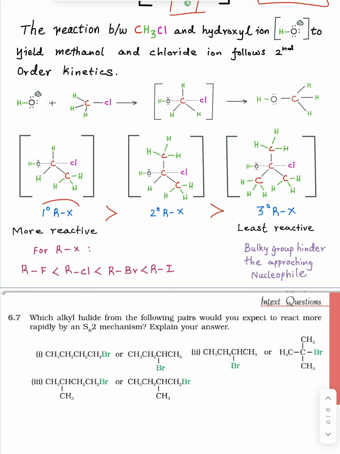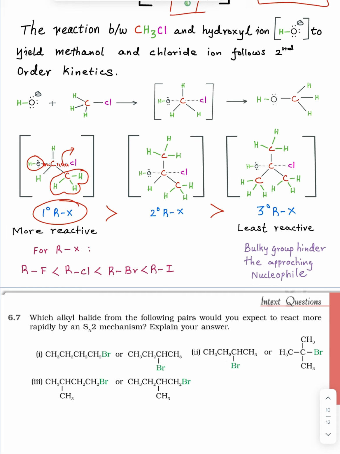In the first case of the alkyl halide, I have one bulkier group, the methyl group. So for the approaching nucleophile there is no disturbance. It freely attacks the central carbon, and at the same time the halide, the leaving group, also departs.